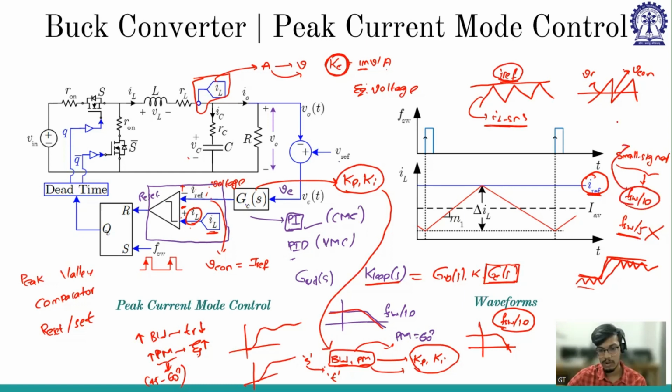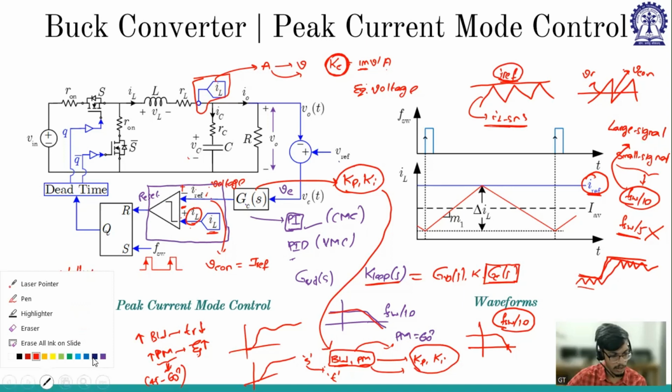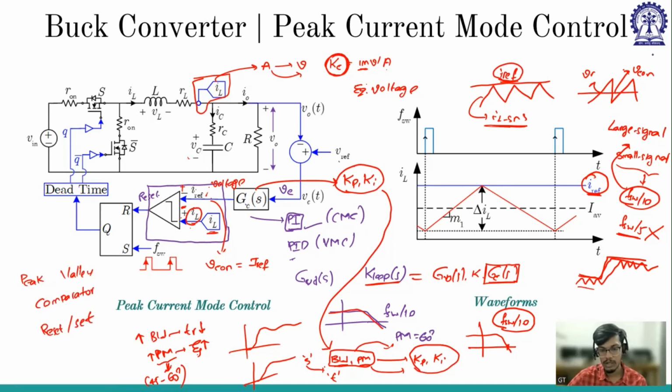There are large signal models where we actually consider the ripple. One such large signal model is the DT model, the discrete time model, which sir will be discussing in the upcoming week. What the DT model is and how to validate it using MATLAB will all be discussed.